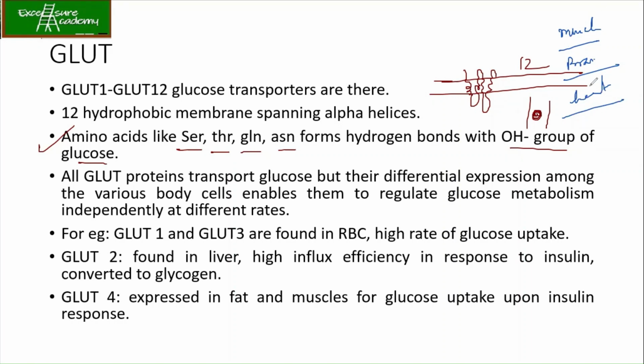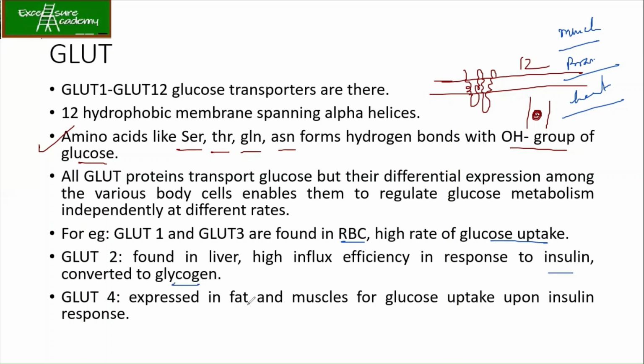This requirement varies for each body part, and that's why there is differential expression. For example, GLUT1 and GLUT3 are found in RBC, where you have a high rate of glucose uptake. Then GLUT2 is found in the liver, with high influx efficiency in response to insulin, and the glucose is converted to glycogen.